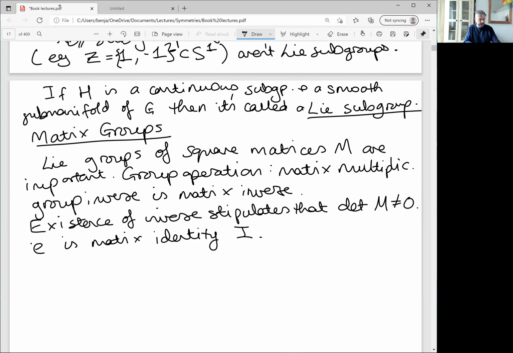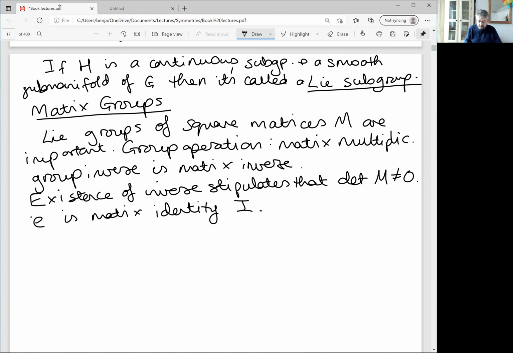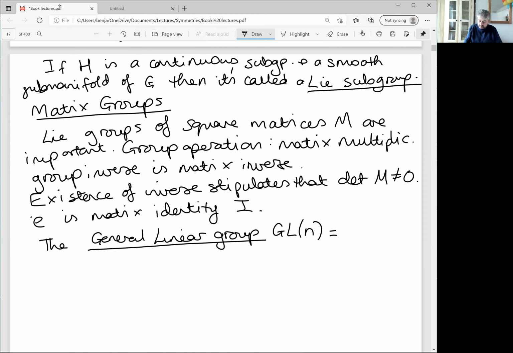So let's have a definition now of the general linear group. This is written as GL n. This is equal to the set of all n by n invertible matrices.